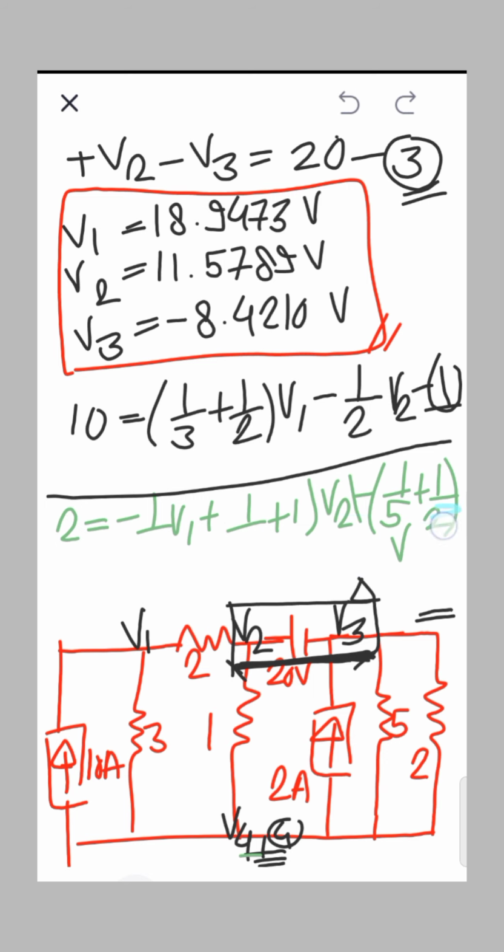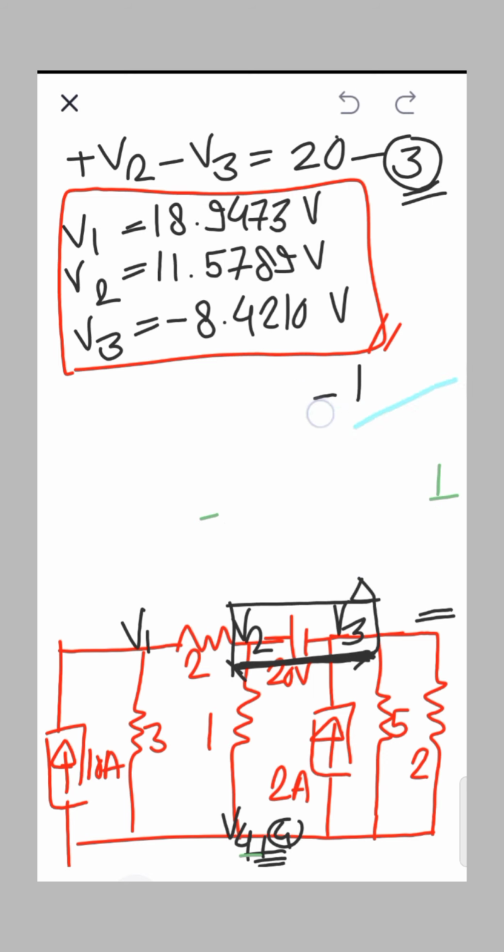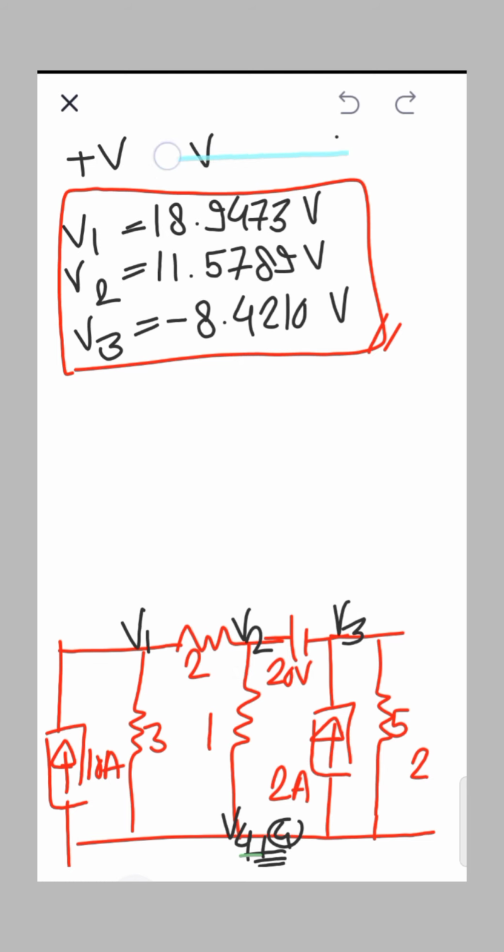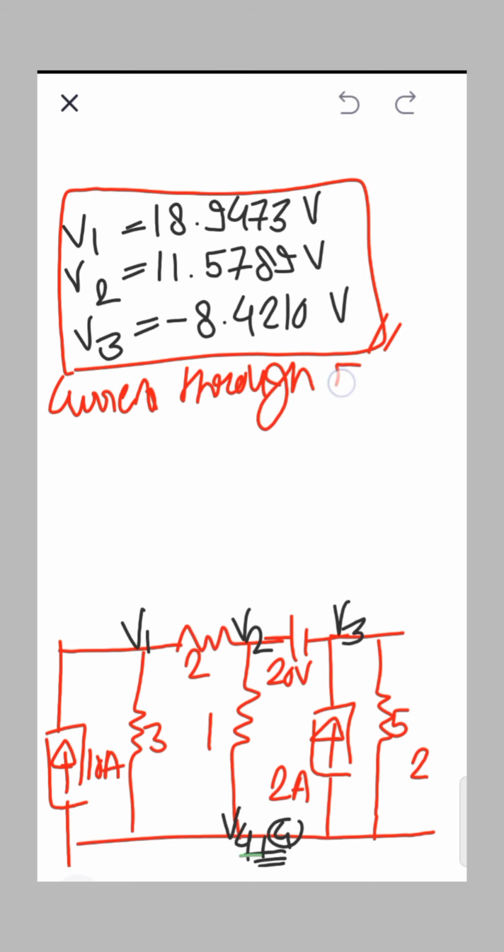Now, what was the question? Which value was to be found? We have to determine the current through the 5 ohm resistor.